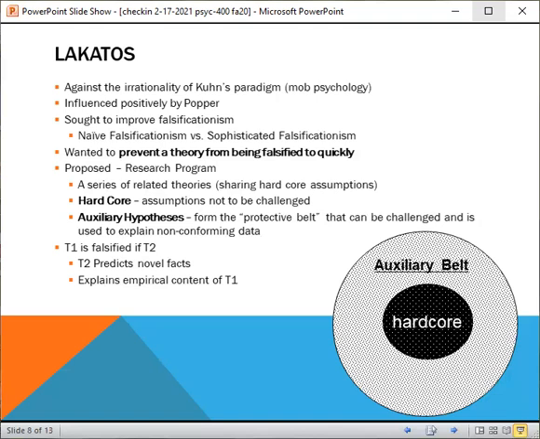So T2 is a better theory, but both T1 and T2 share the hardcore assumptions. So the notion is this: theory 1, once it fails, can be replaced by another theory.